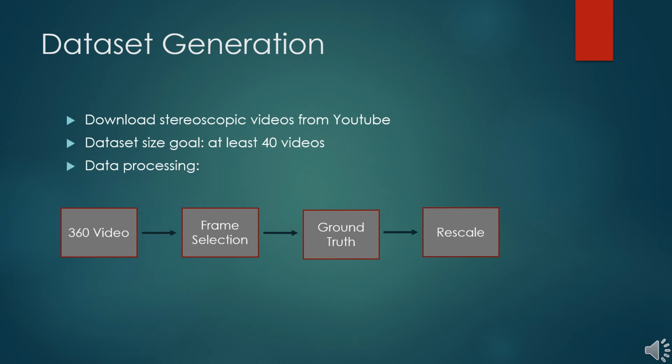Then we will rescale the image frame into a smaller size. Even though the desired size of the frame should be 4K or 2K, because of the limitation of computation power for deep learning, we will probably keep the resolution at around 500, but it would depend on the actual implementation of the model.